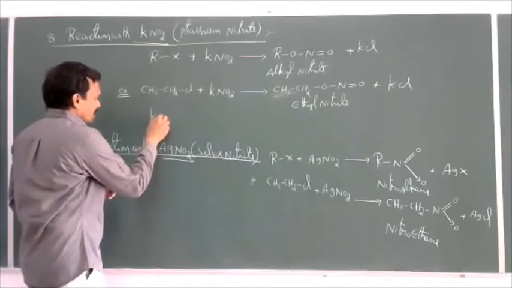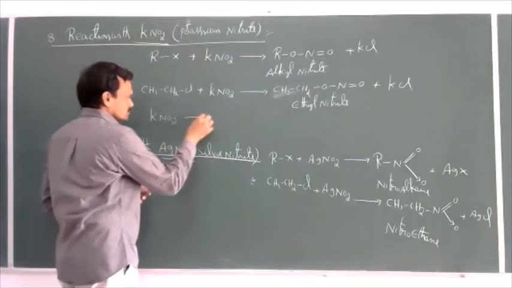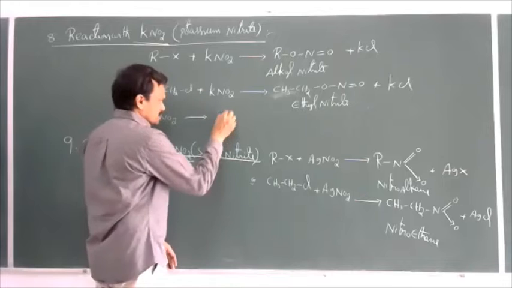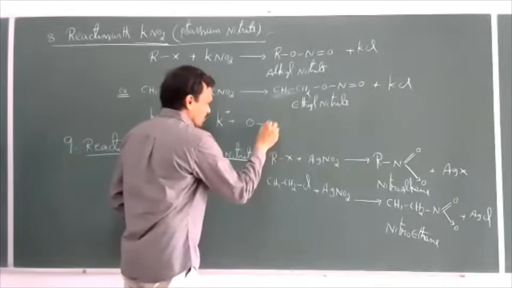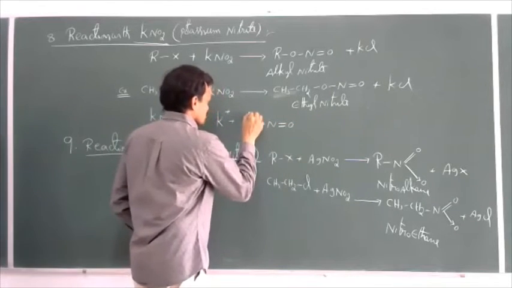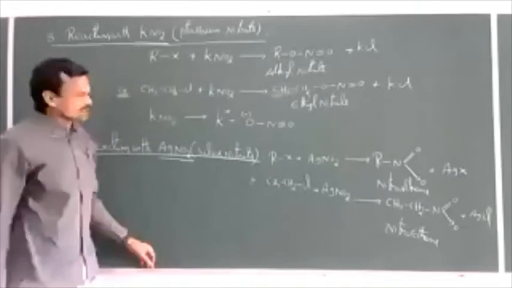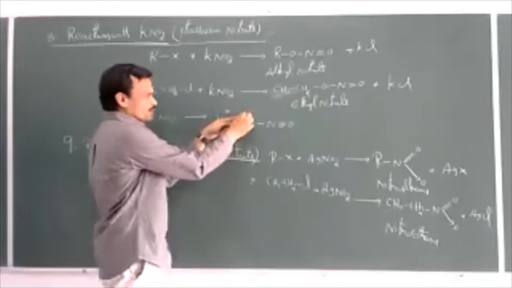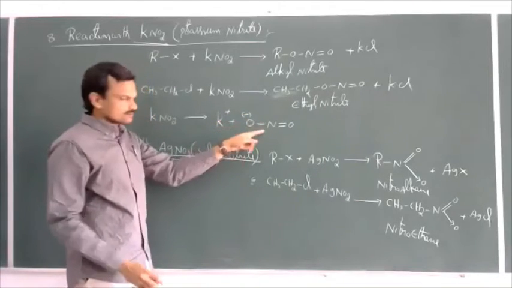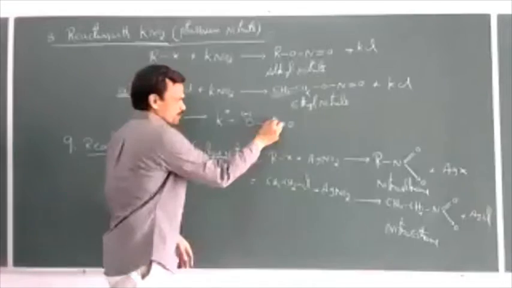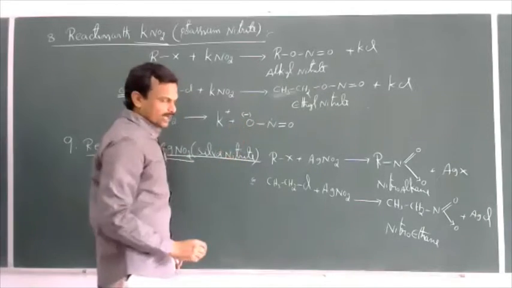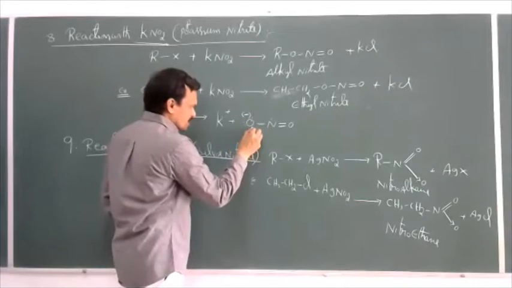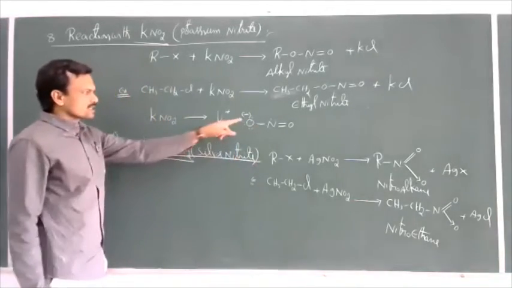See how the reaction takes place here. If you take KNO2, first KNO2 splits into ions, K plus and ONO minus. This is a nitrite ion, where oxygen is free to donate a lone pair of electrons, not nitrogen. Here nitrogen also contains a lone pair, but if you take O minus, oxygen contains 3 lone pairs on it, so electron density is more.